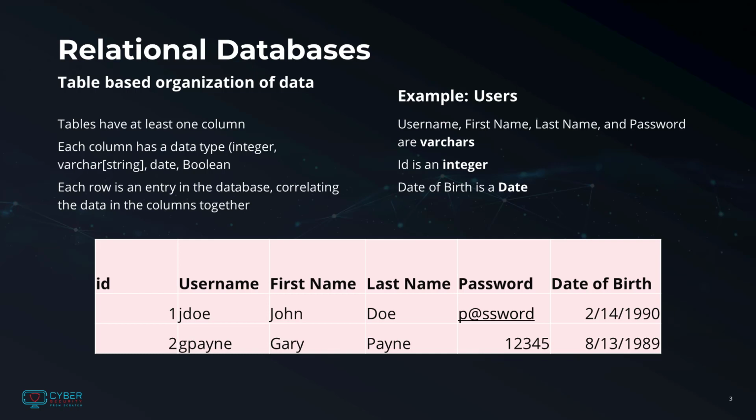And each column usually will have a data type, like if things are organized like shown on the screen where there's a username, a first name, a last name, a password, a date of birth. Then you'll have like a date object, which Excel will recognize in that date of birth field. There will be a string in the username, first name, last name, and password fields. And then each row is sort of like each user, John Doe, Gary Payne, and so on and so forth.